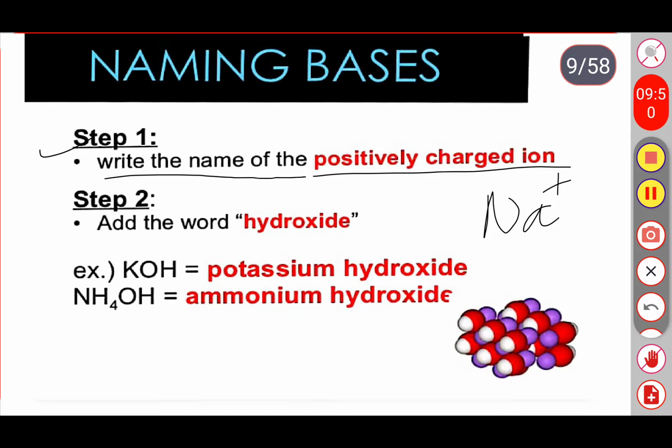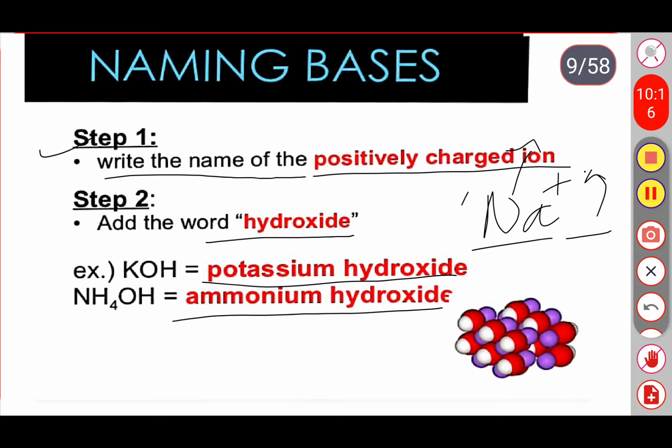We must take the positively charged ion first. Next, add the word hydroxide. The first part is the prefix and the ending is the suffix. The prefix should be the metallic ion and the suffix should be hydroxide. For example, potassium hydroxide and ammonium hydroxide.